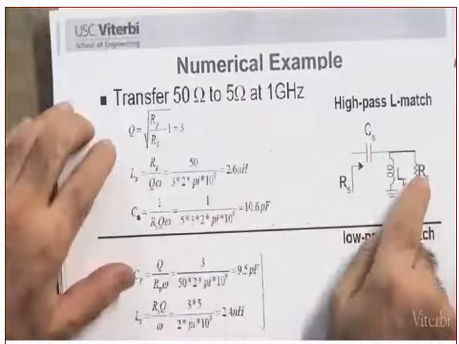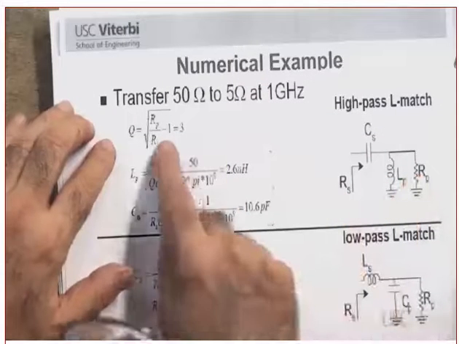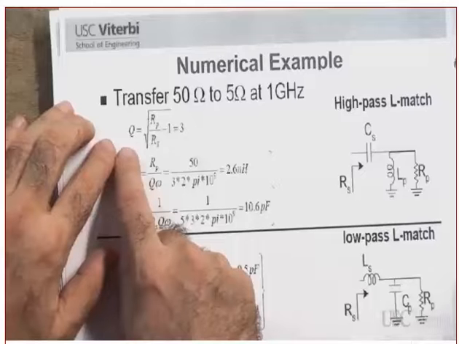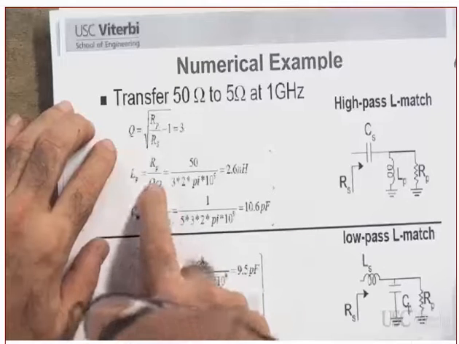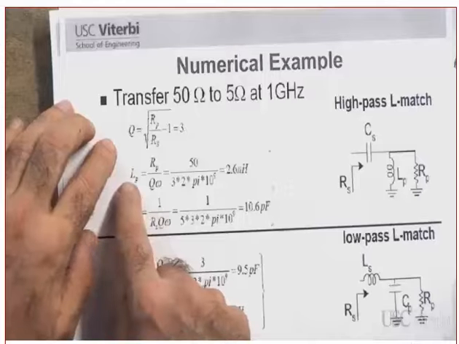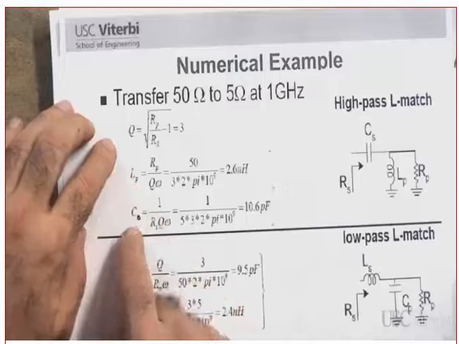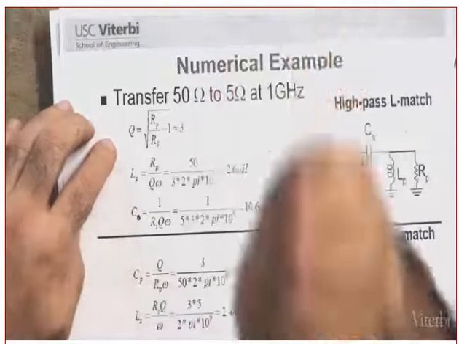Which means if you know RP and RS, everything will depend on the value of Q. So if you find the Q and you plug it in these two equations, and you find the values of the L and the C not practical, you are stuck.